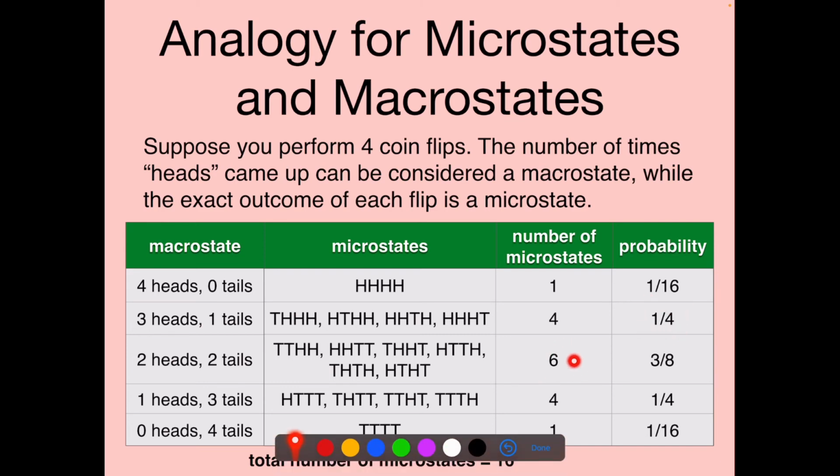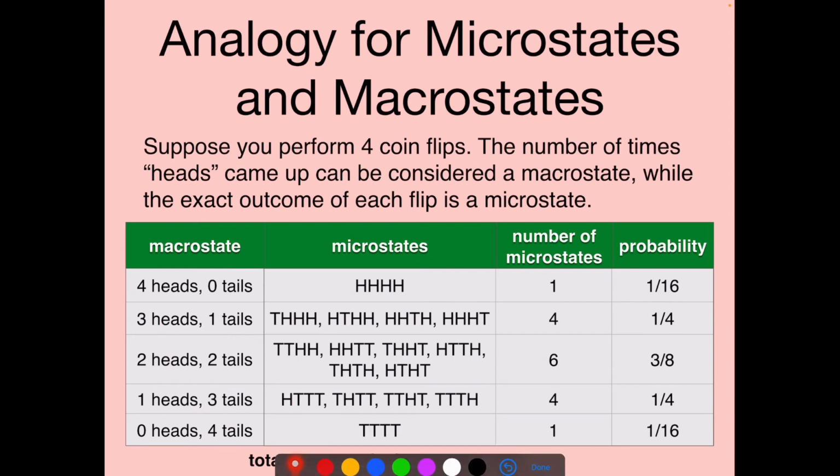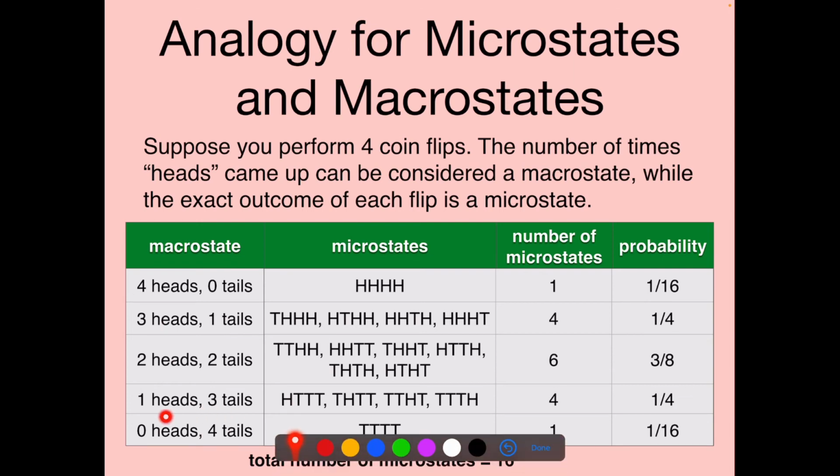For this one, there are 6 ways that can happen. So the probability is 6 over 16, or 3/8. For this one, there are 4 ways it can happen. So the probability is 4 over 16, or 1/4. And then finally, for no heads, 4 tails, there's 1 way that can happen out of 16, the probability is 1 over 16.